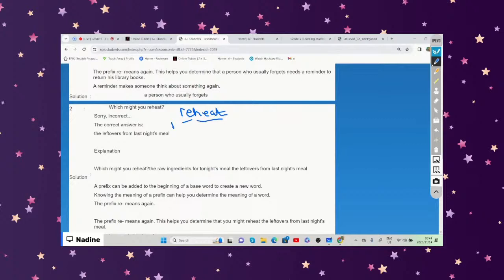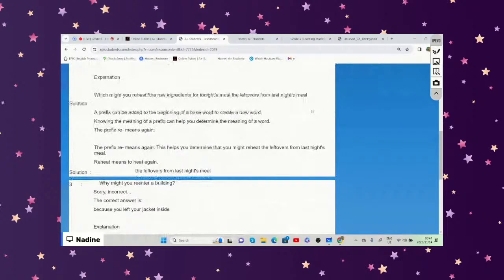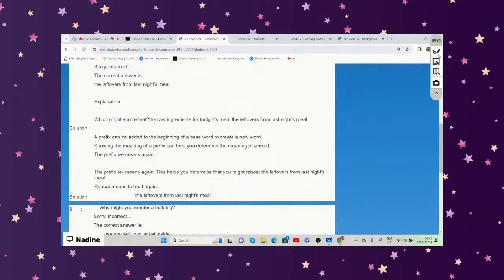So here it says the prefix re means again, and this helps you to determine that you might reheat leftovers from last night.